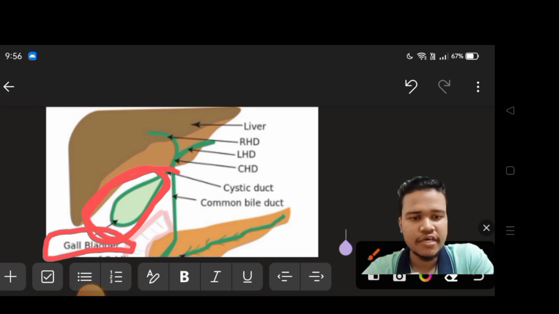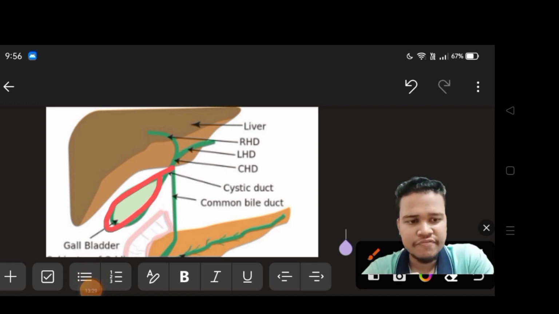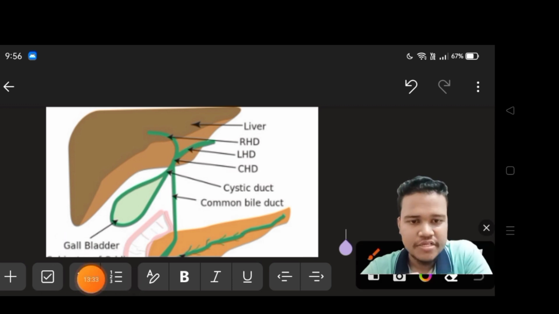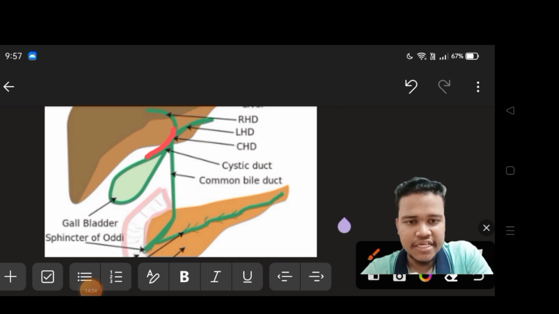So this balloon shaped area is our gallbladder, and if you look carefully, you can see that a duct called the cystic duct has arrived from the gallbladder. This cystic duct unites with the common hepatic duct.